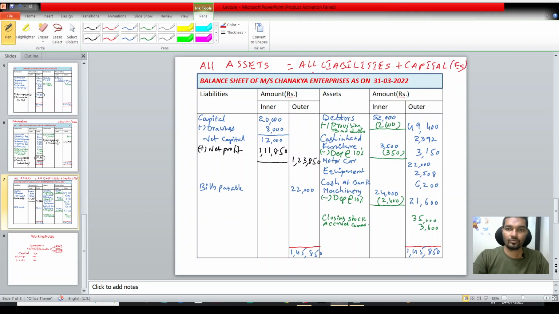So as per this rule, all the assets of the company are the same as all the liabilities plus capital. So whatever process we have done is correct. And in the next session we are going to start with ratio analysis. Thank you one and all.